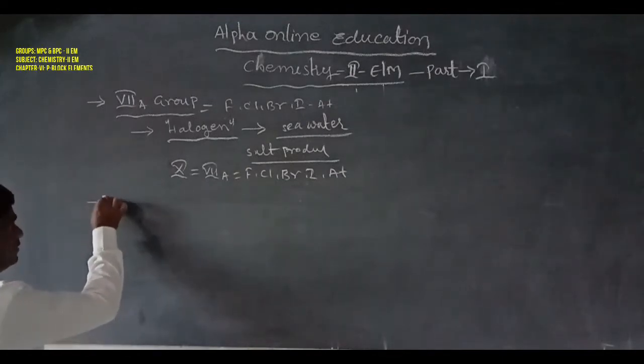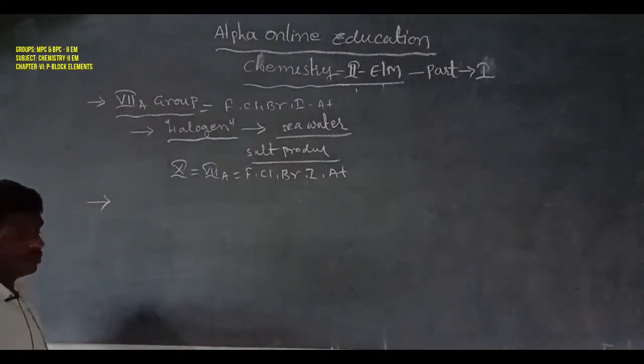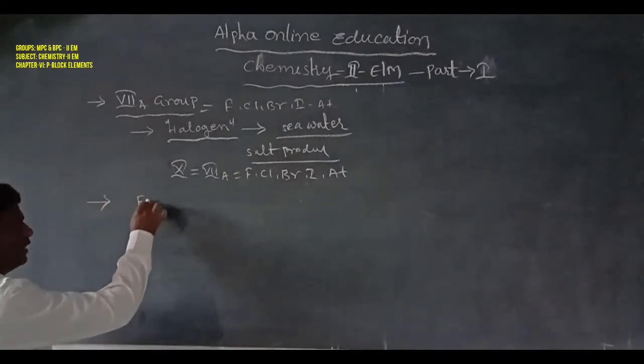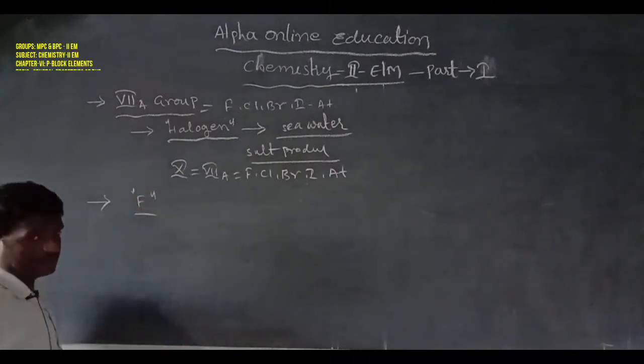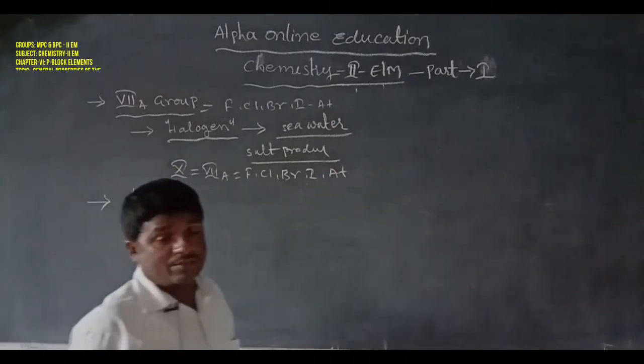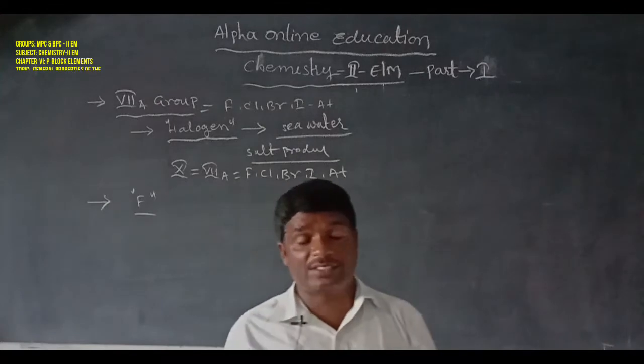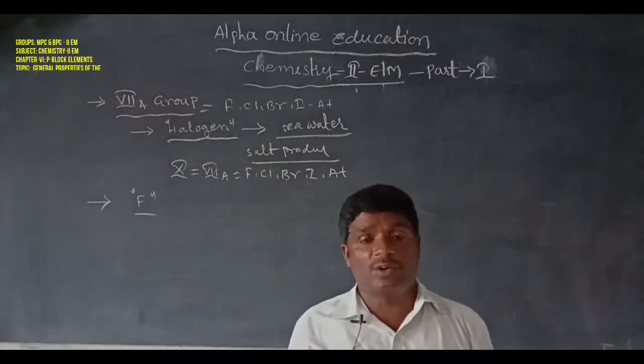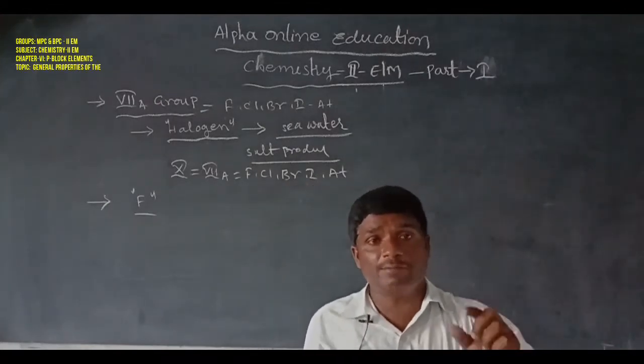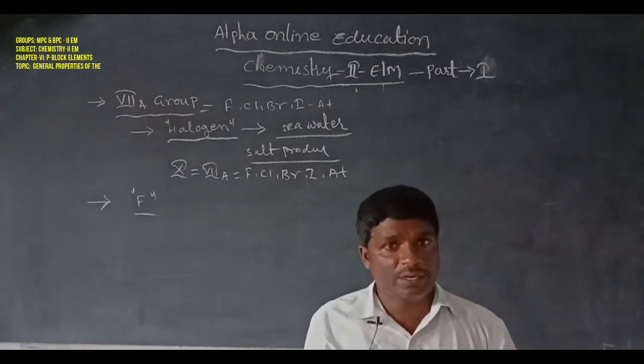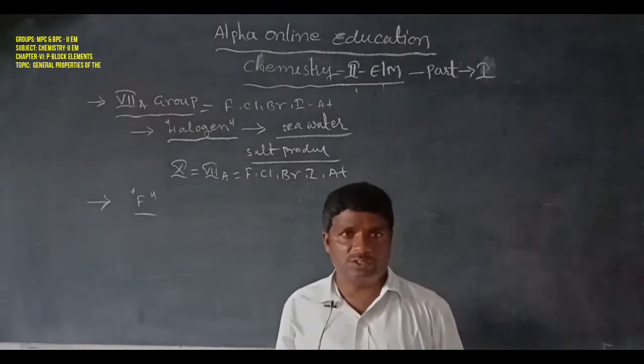Next, another one. In the 7th A group elements, fluorine is the most reactive element. The first element in the group is fluorine. Fluorine reacts with all elements in the periodic table, so it is also called a super halogen.